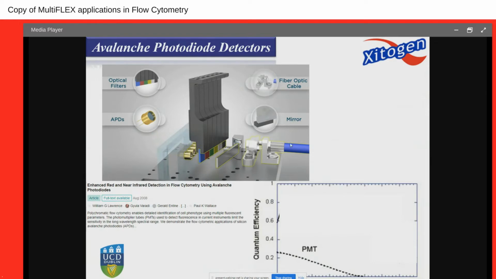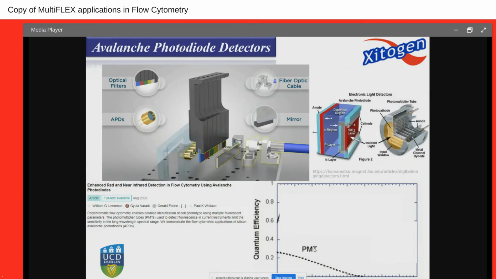The light was redirected using this fiber optic, and one of the biggest advantages, and that's why they use it, is, as you can see in this paper published in 2008, and one of the authors is Paul Wallace, that the avalanche photodiodes versus the photomultiplier are able to get far better signal, more resolution on the signal that you get into each one of them. More quantum efficiency means that things that are dimmer become a bit brighter, and that's a big change. We can suddenly detect signals that are quite dim on the expression with no problem.